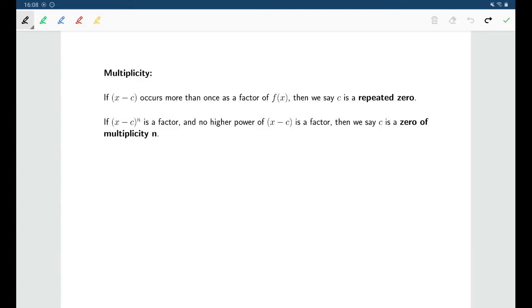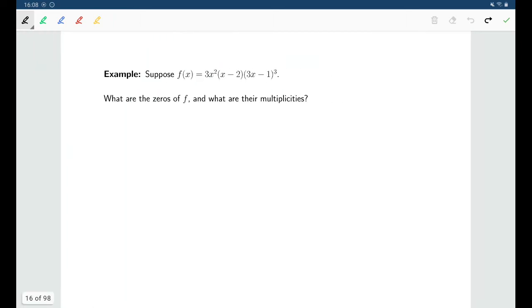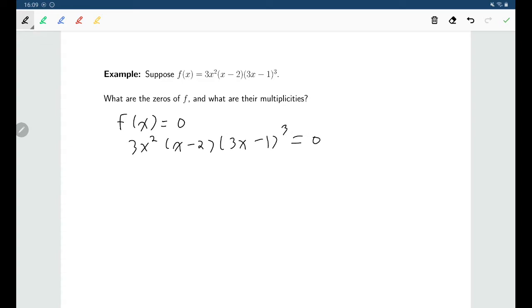So by that I mean, if we're looking at this polynomial f of x and you're wondering what are the zeros and what are the multiplicities, remember that the zeros come from looking at where this polynomial is equal to 0. And you'd find that there are 3 different values for where this polynomial is equal to 0.